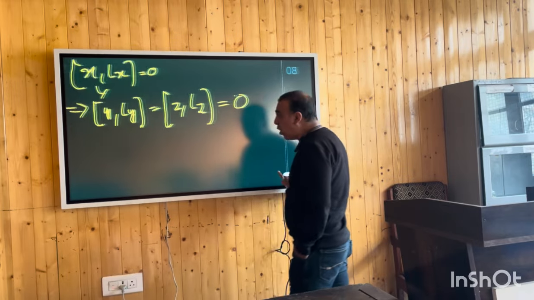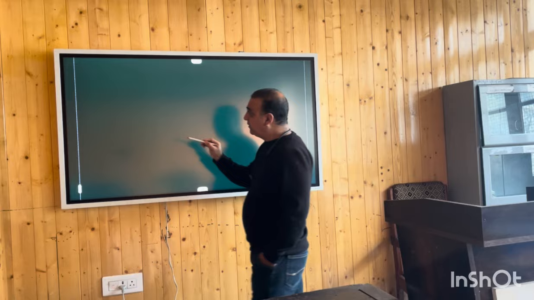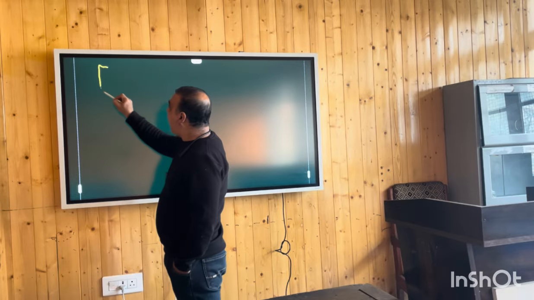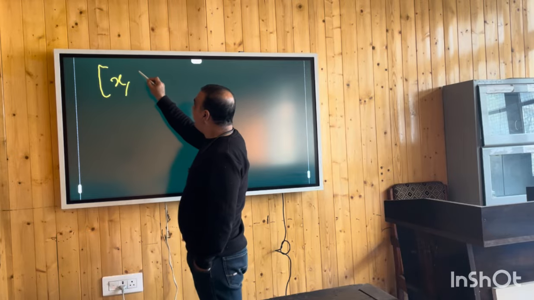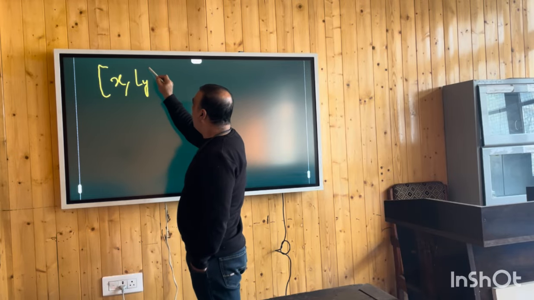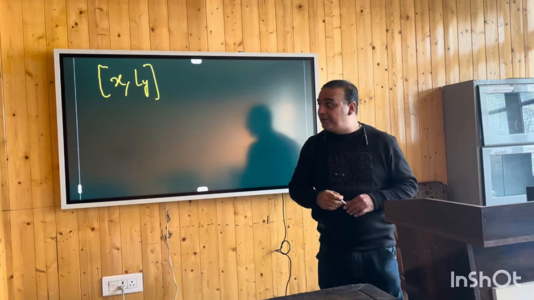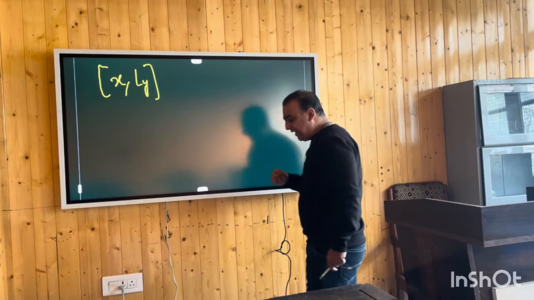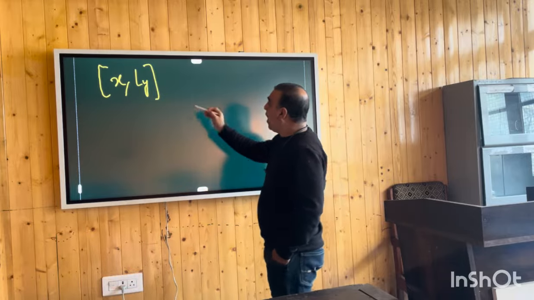Now let's move on to a different combination. Suppose I have to find the commutation between x and Ly. So I'm using the commutation between the position along x and the angular momentum along y. How can we write this?